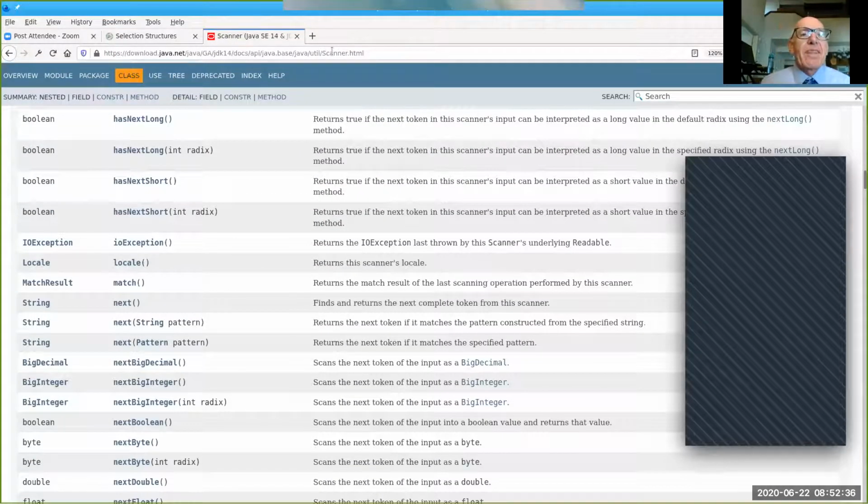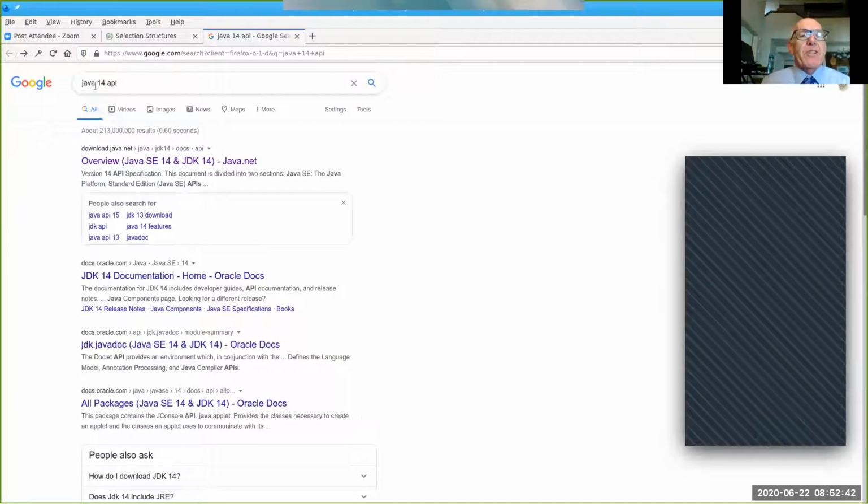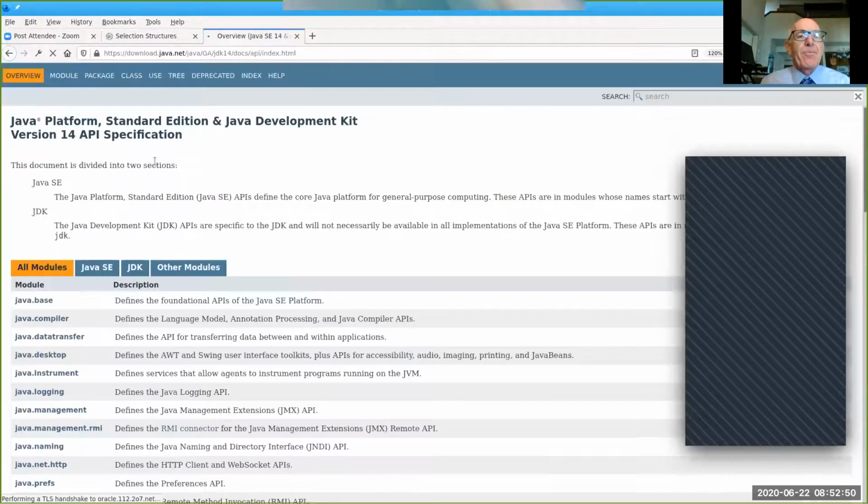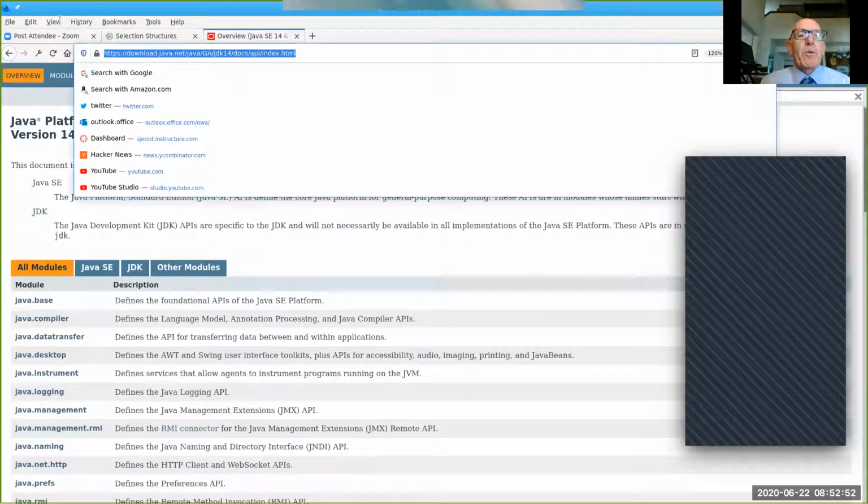The way I got to the website was I did a search for Java 14 API, and then I took the first link there. In fact, what I will do here is paste this into the chat.